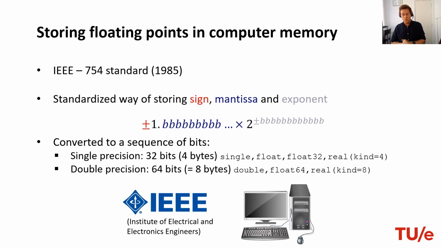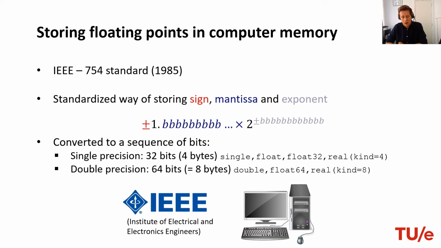We have to get conventions on how to store the mantissa and how to store the exponent as well into this string of computer memory. So for that, the IEEE 754 standard was invented, and it's already from 1985, but it's by far the most prevalent way with how floating point numbers are stored in computers nowadays.